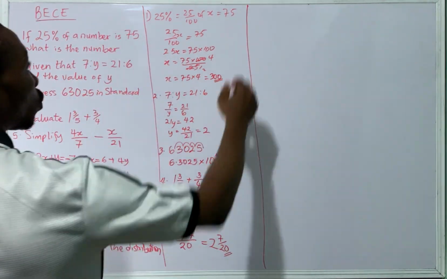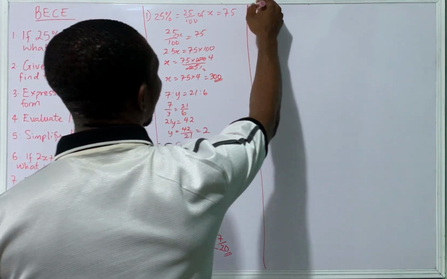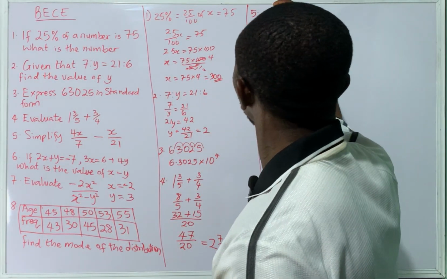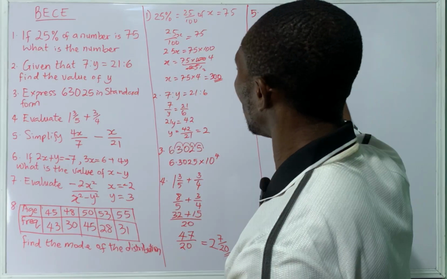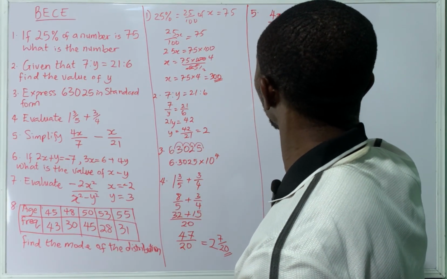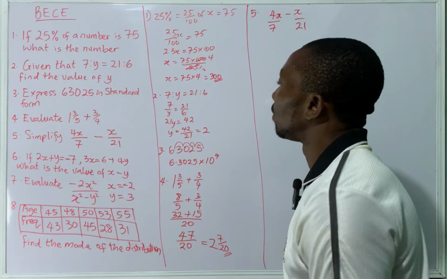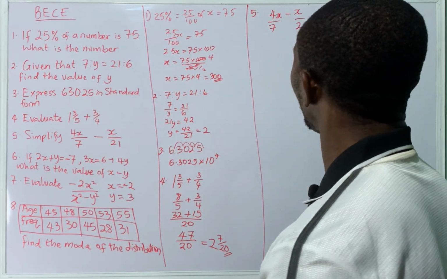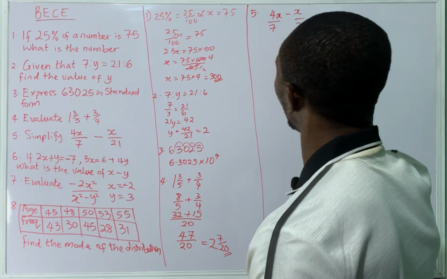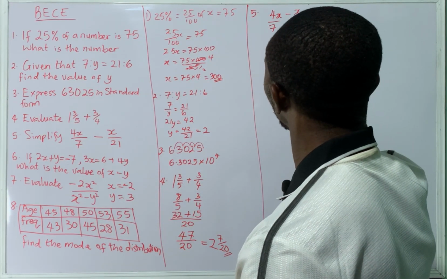All right, question 5 says, simplify 4x minus x over 7 over 21. Now, in simplifying this, first of all, find our LCM. Our LCM of 7 and 21 is 21.